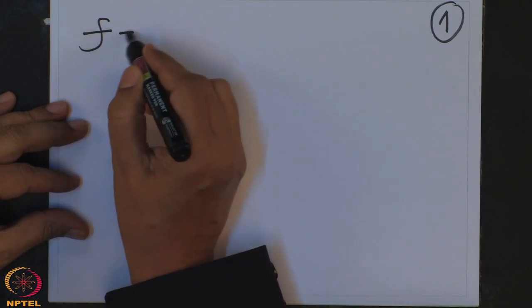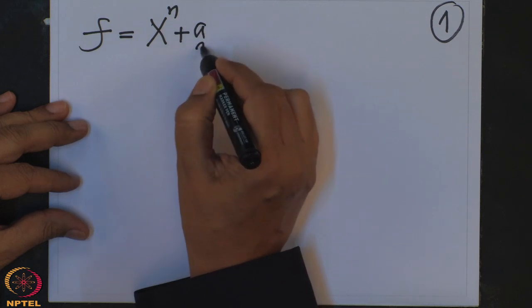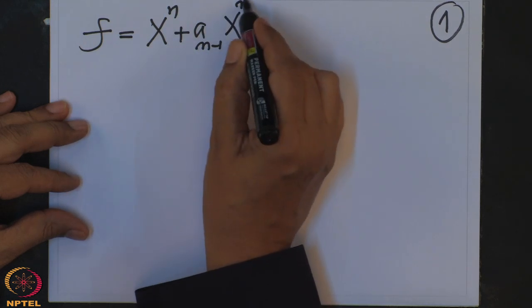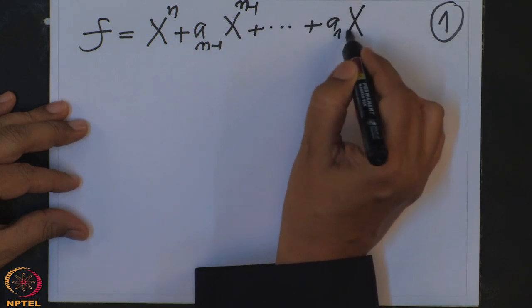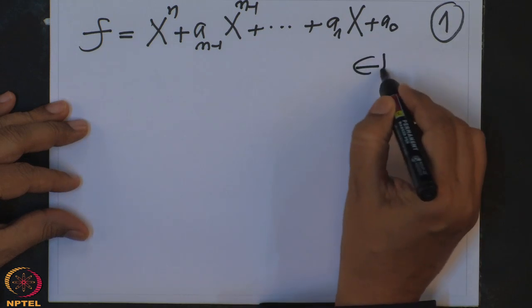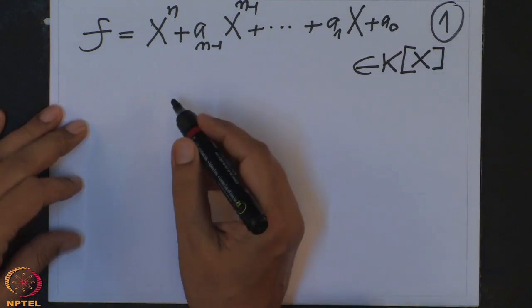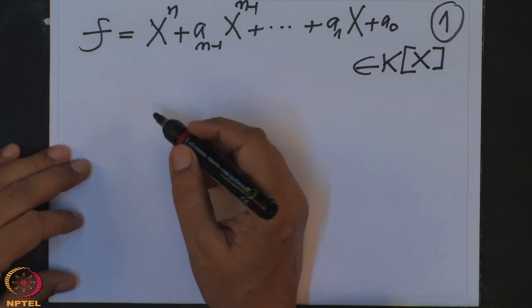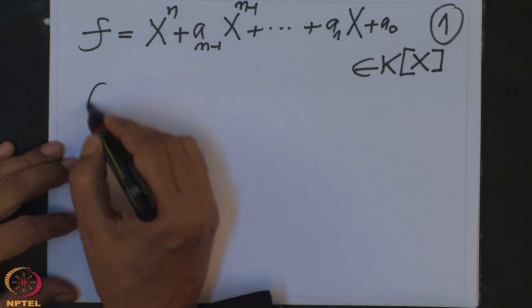So start with the polynomial f, monic. f is a monic polynomial, x to the n plus a_{n-1} x to the n minus 1 plus ... plus a1 x plus a0. This is a polynomial with coefficients in K, and we don't need to assume f is irreducible, so an arbitrary monic polynomial.